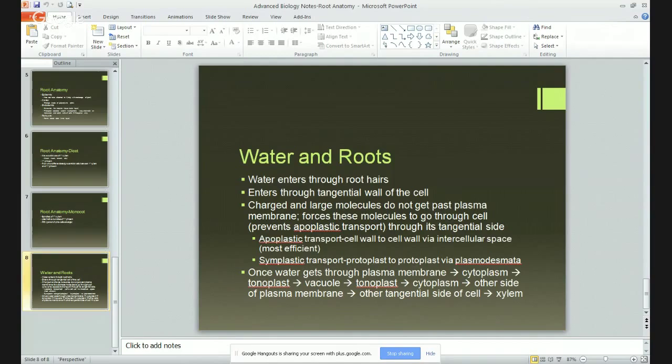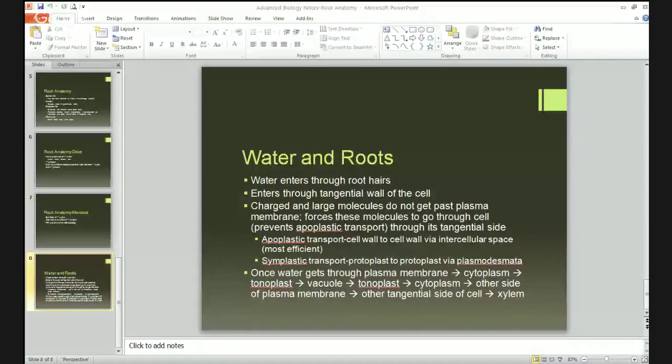I've labeled the two different ways it can go: either apoplastic, around the cell, not actually going through the cell, which, like I said, is more efficient, or symplastic, which is going through the cell. So those are the two ways that water can travel in your roots. That finishes out your root anatomy.